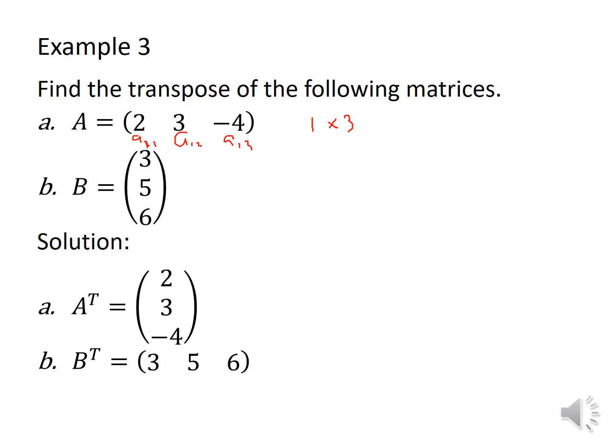The transpose matrix of A is 2, 3, -4 vertically. And you can see the size is 3 by 1. And the element 2 is A11, the element 3 is A21, and the element -4 is A31.